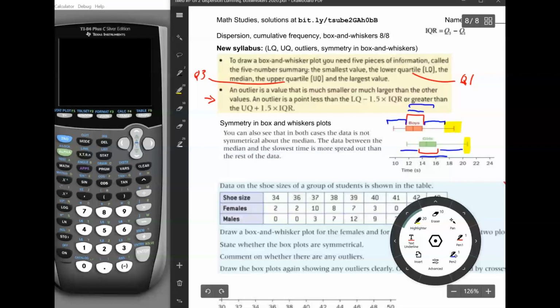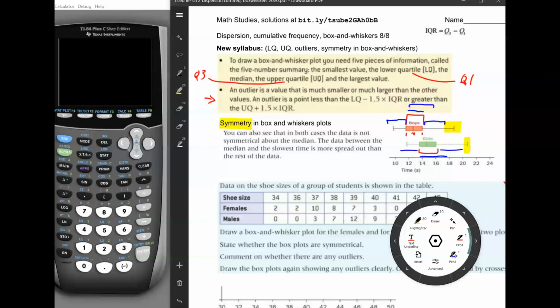Next concept, which we didn't really talk about in the old syllabus, is symmetry in the box and whiskers plot. That's kind of an obvious thing, right? If you look at the box and whiskers plot and you want to know if it's symmetric, you consider the median to be the center, and then you check: what about the Q1 and the Q3, or the LQ and the UQ?